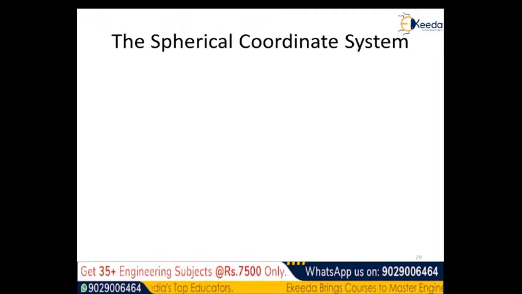I hope I have covered every detail with respect to the spherical coordinate system. Always remember, while learning a coordinate system, what exactly the references are with respect to which we provide the location or position of a point first of all, and then study the vector. That is the most important thing.